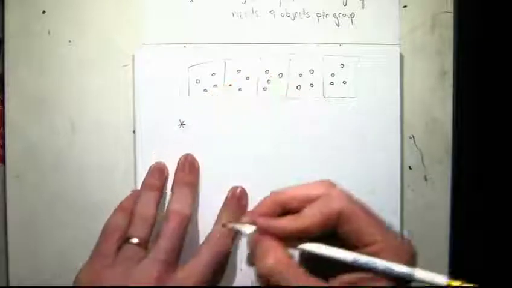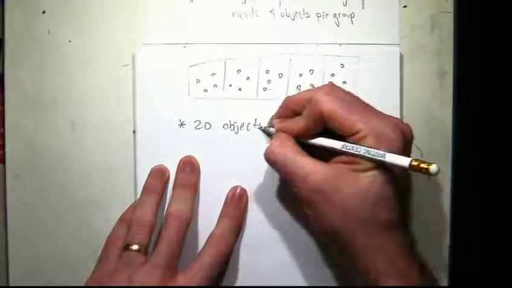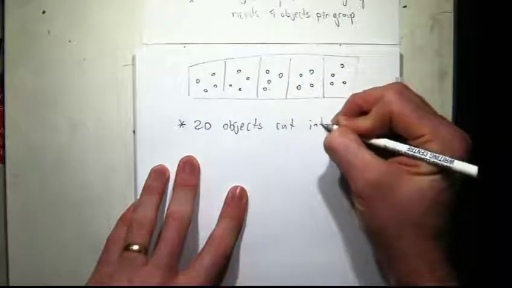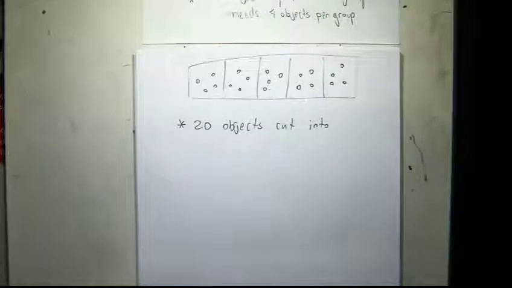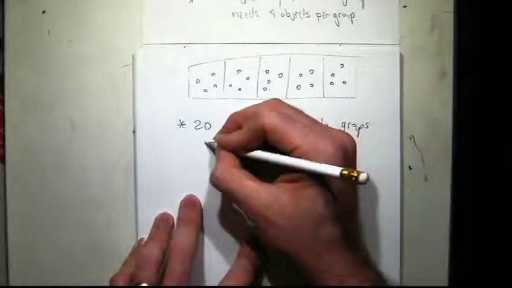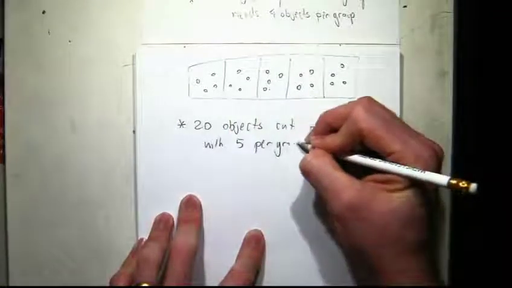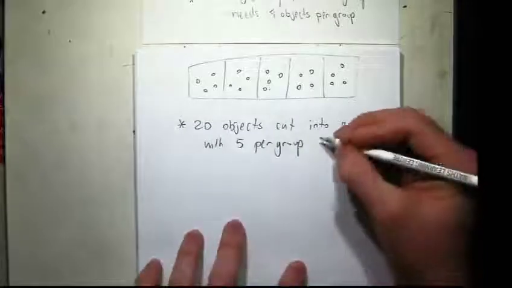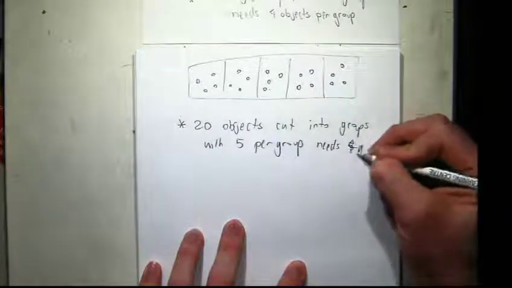Or it could mean 20 objects cut into groups with 5 per group needs 4 groups.